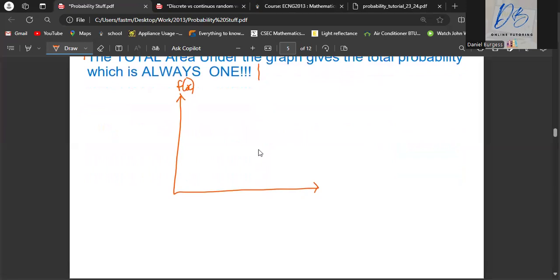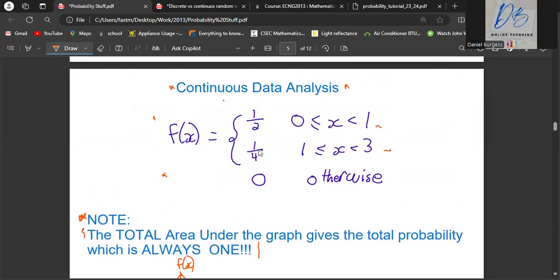So 0, 1, we said is a half. So in this case, it's 0 and just before 1 because of the less than. It's not less than or equal to, just less than. Right? So 1 will not be in this piece here. It will actually be in this one.